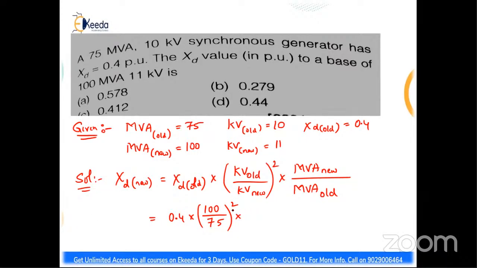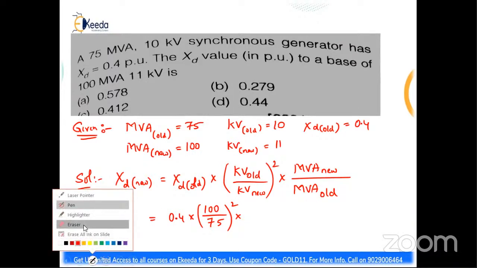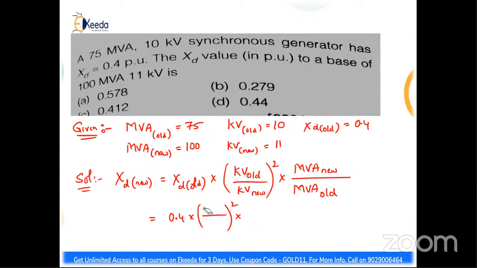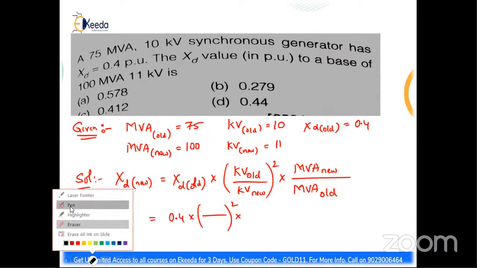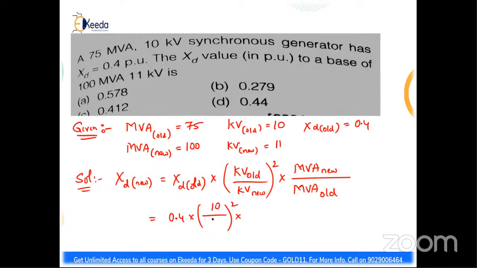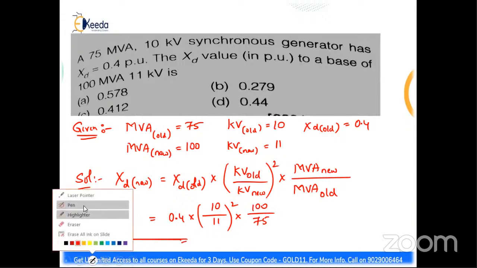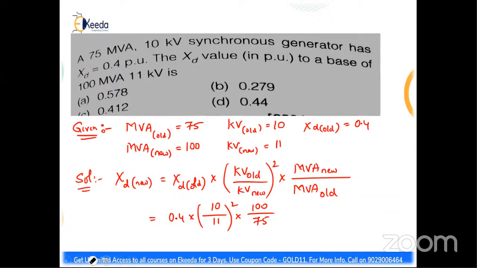Sorry, kV old is how much? 10. kV old is 10, kV new is 11, MVA new value is how much? 100, divided by MVA old value, 75. So if you calculate this, 0.4 into 10 by 11 whole square into 100 divided by 75.